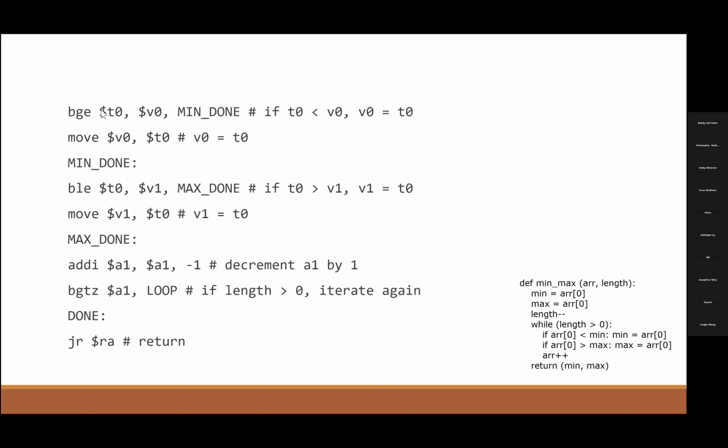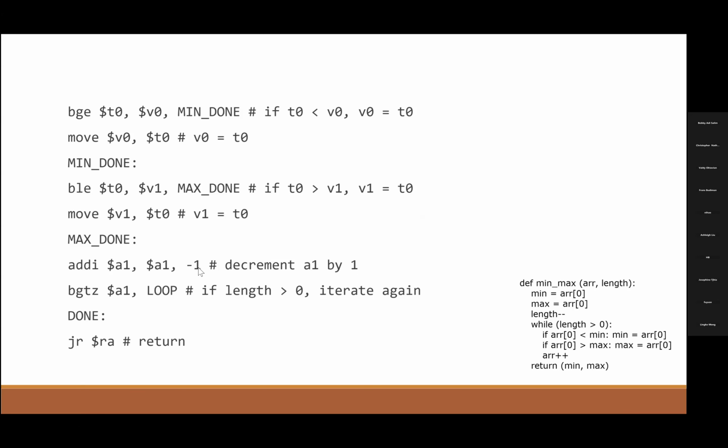If it's greater than the min, we don't do anything to the min, so we jump to min done here. If it is less than min, we will move T0 into V0, and we'll also do a similar thing for the max.